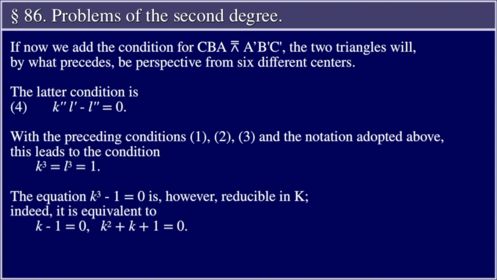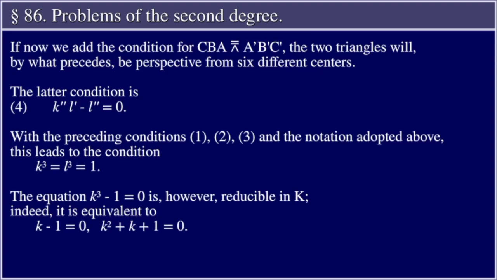If we now add the condition for CBA perspective with A', B', C', the two triangles will, by what precedes, be perspective from 6 different centers. The latter condition is, equation 4, K''L' - L'' equals 0. With the preceding conditions 1, 2, 3, and the notation adopted above, this leads to the condition K cubed equal L cubed equal 1.